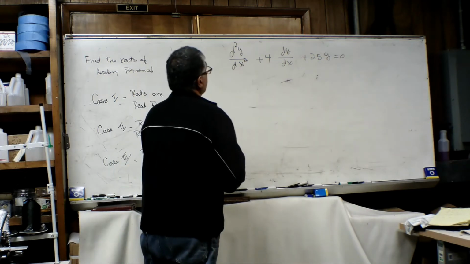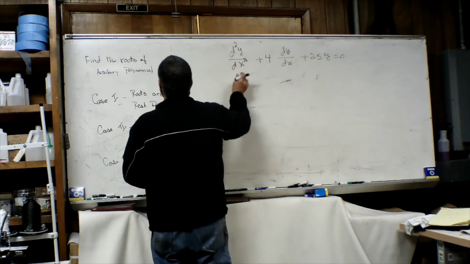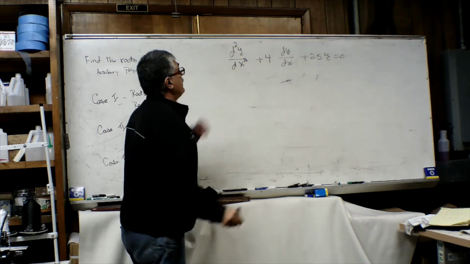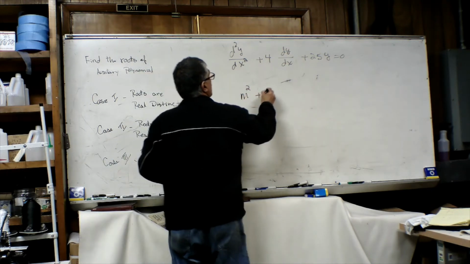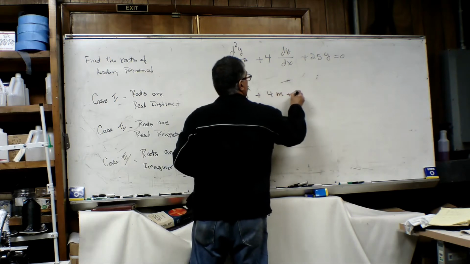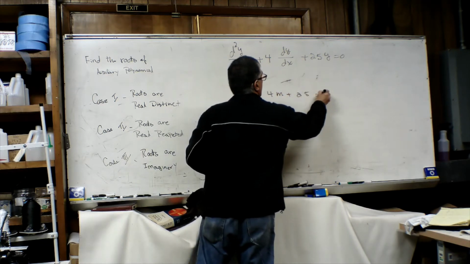To solve this, the auxiliary polynomial for this differential equation will be m squared plus 4m plus 25 equal to 0.